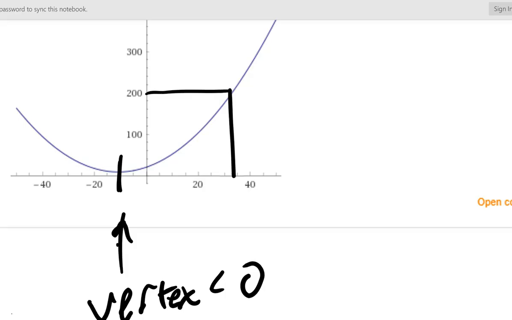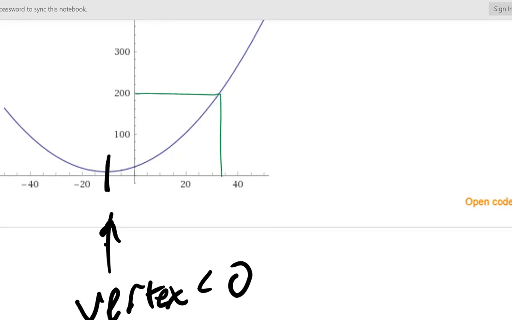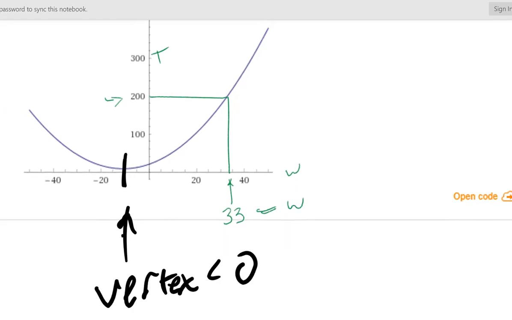Hang on one second. All right, so I decided to just draw it really precisely. So this is 33 down here. It's about 33. And so when W is 33, the temperature is 200. So that's how you do that.